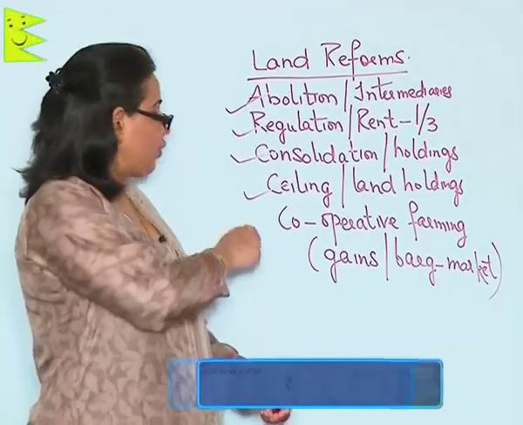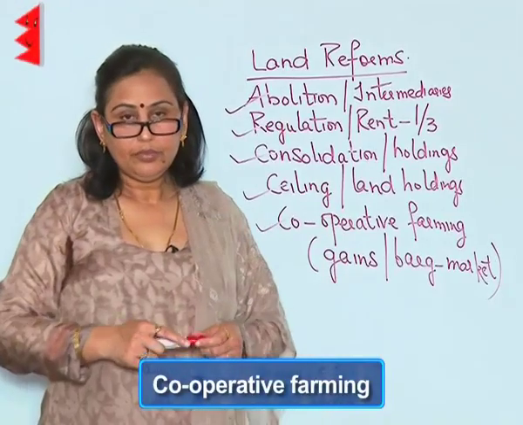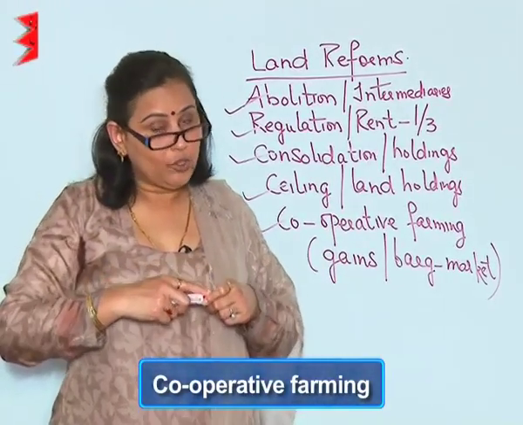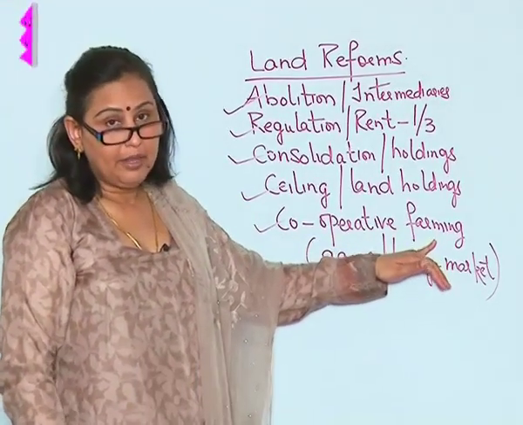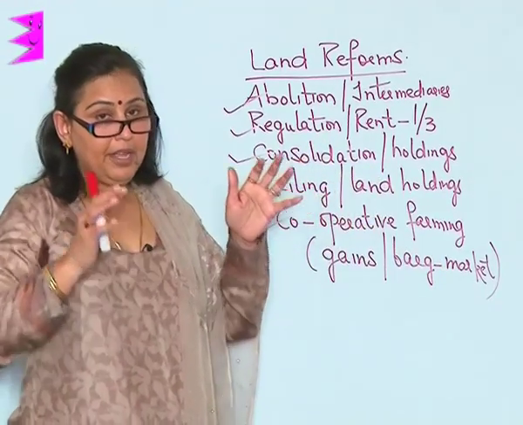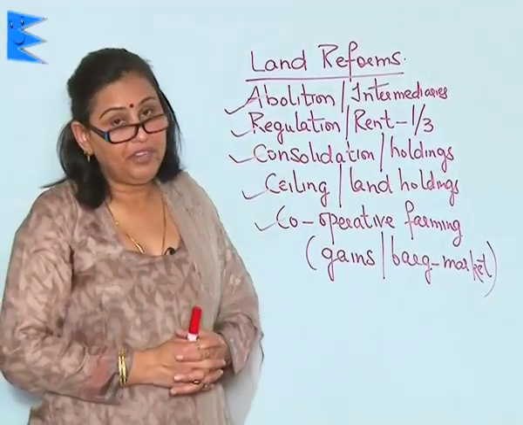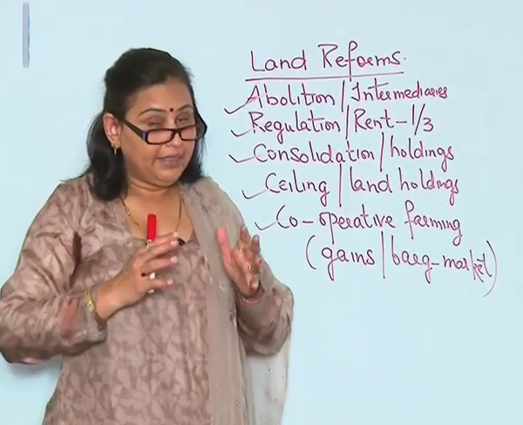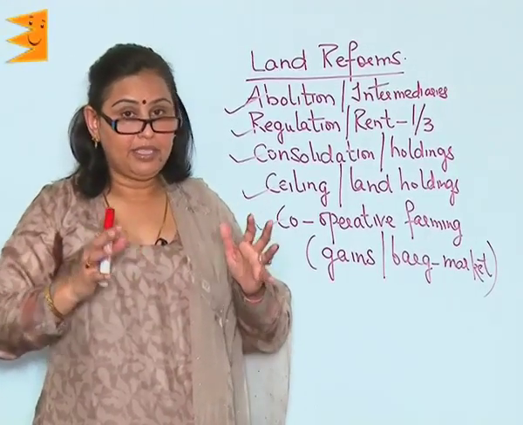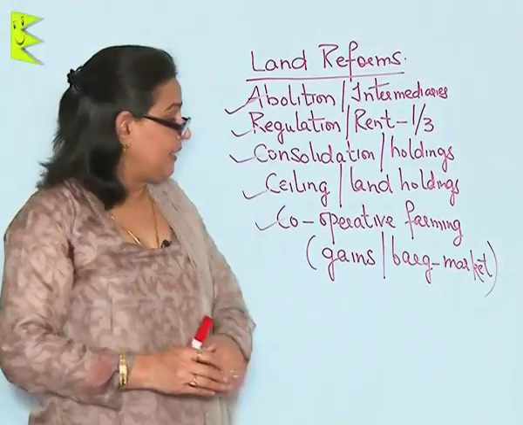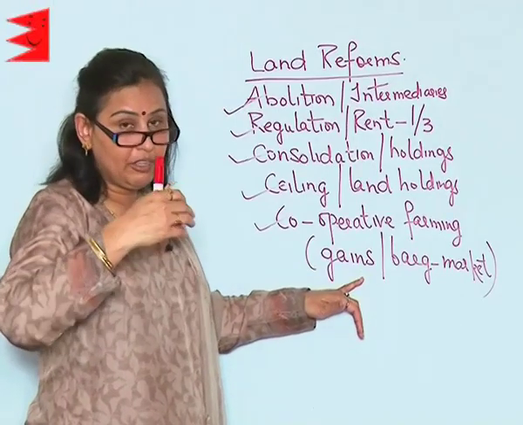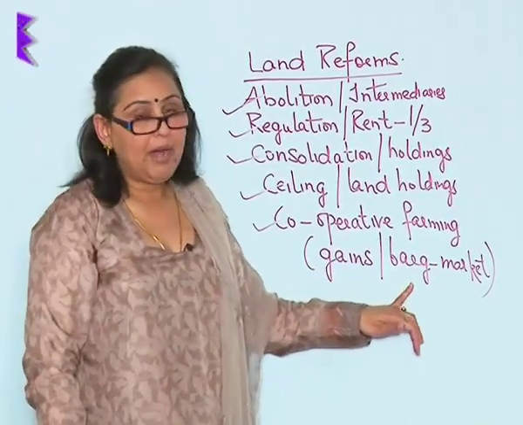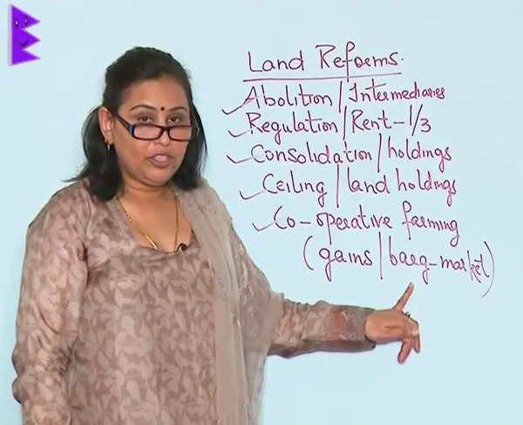The next feature is cooperative farming. The Indian government has also encouraged cooperative farming because with it there is a lesser chance of being exploited. By this, the Indian farmer stands united and gains from this cooperation and unity, and can also bargain in the market because of collective strength.